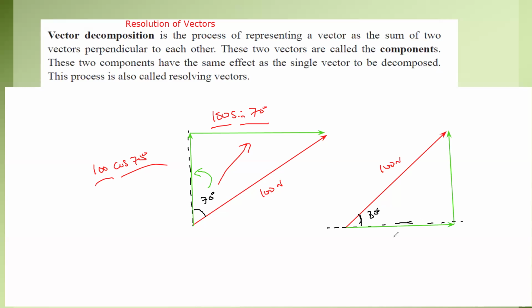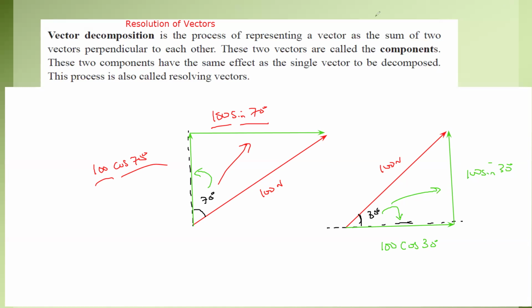So what will be this component? Will it be 100 sine or cosine? Because it is with an angle, it will be 100 cosine 30. And this one is opposite, so this will be equal to 100 sine 30. So this is called resolution of the vector, or decomposing the vector into rectangular components.